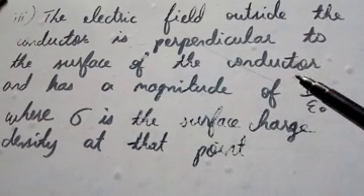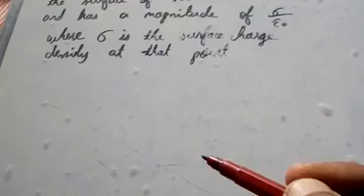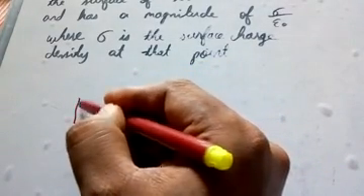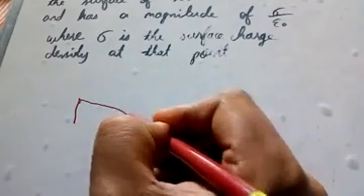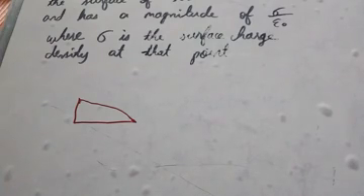Let's see how the electric field is perpendicular outside the surface. For this I will draw a conductor this way. Imagine this is the shape of the conductor, and then we have an electric field there.